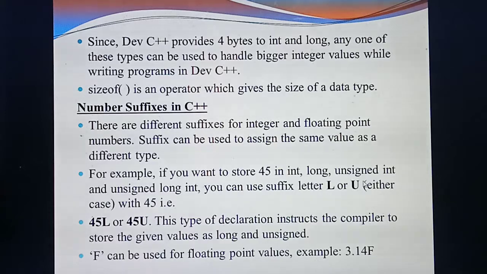What's the meaning? 45L means by seeing it you can identify this is an integer value, that is a long integer value. Understand? For 45U, what's the meaning? That is an unsigned integer value. That's the difference between a normal integer and a suffixed integer.